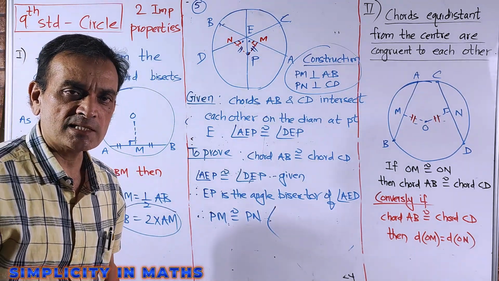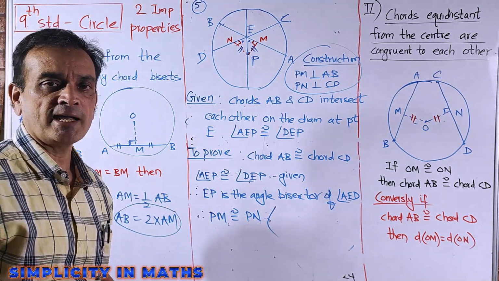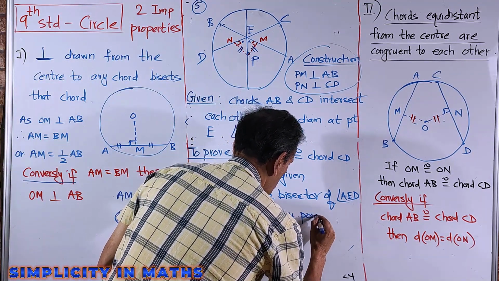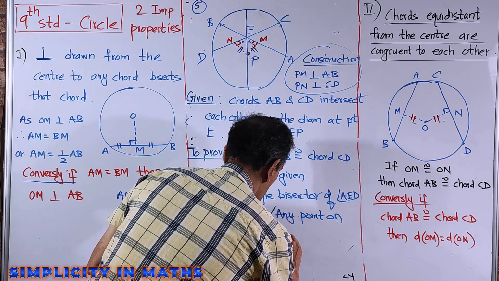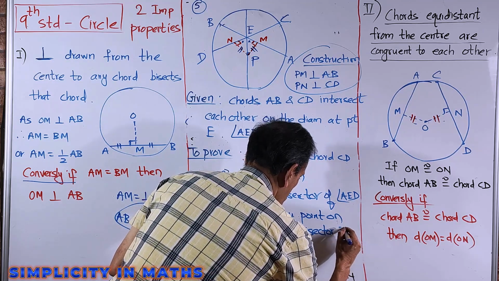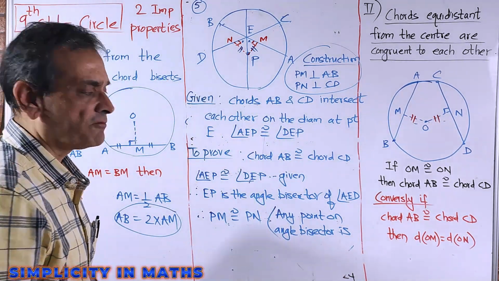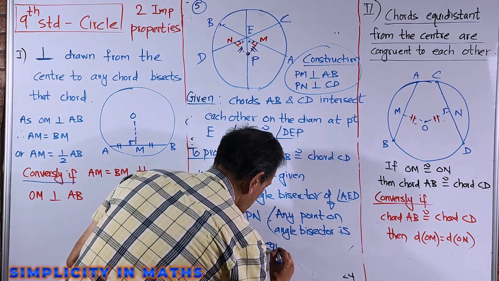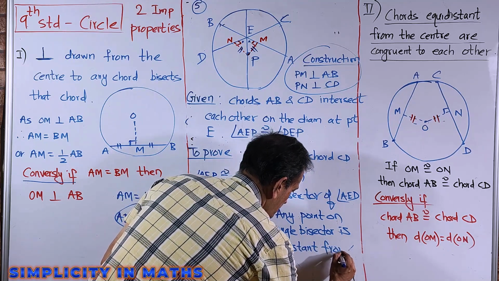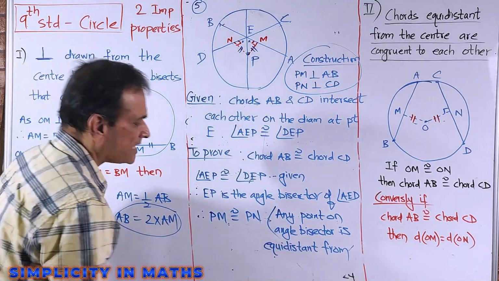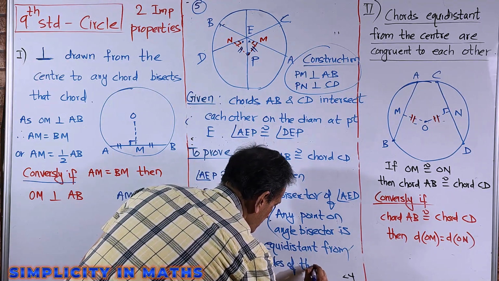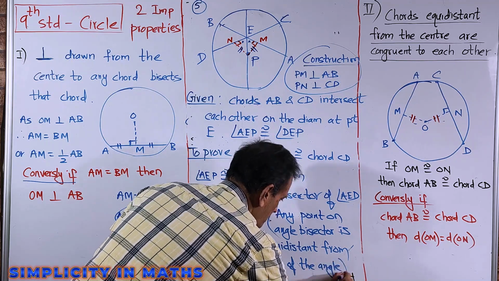Any point on the angle bisector is equidistant from the sides of the angle. That is the purpose of the word equidistant. Equidistant from the sides of the angle. Clear?